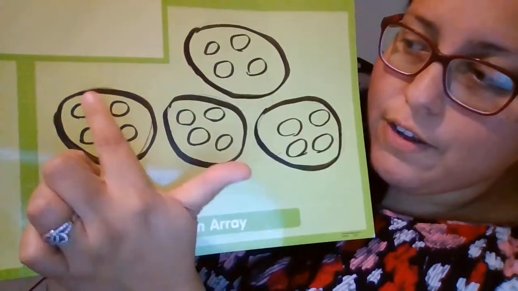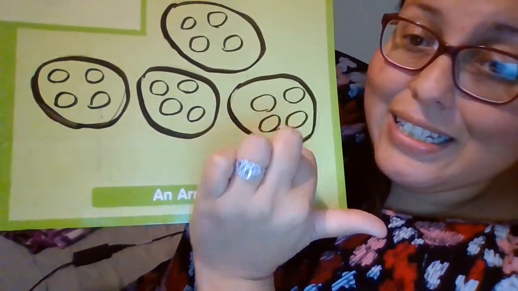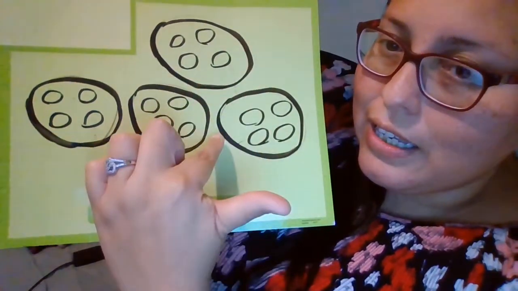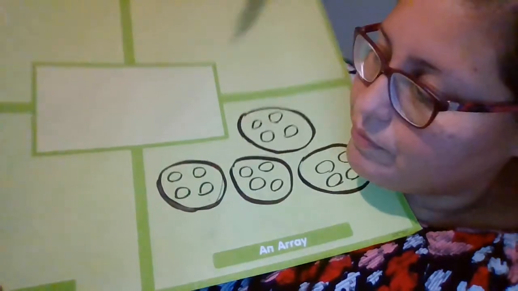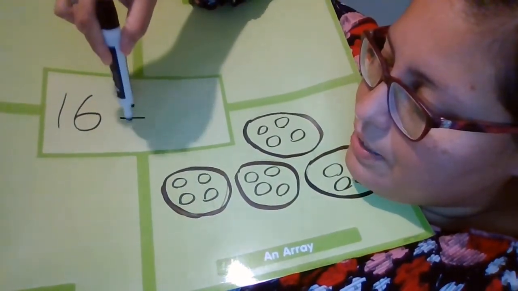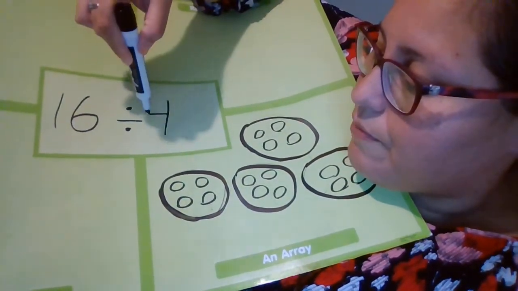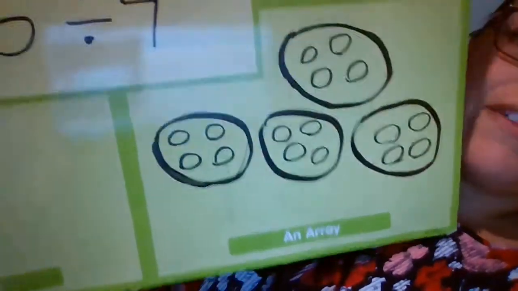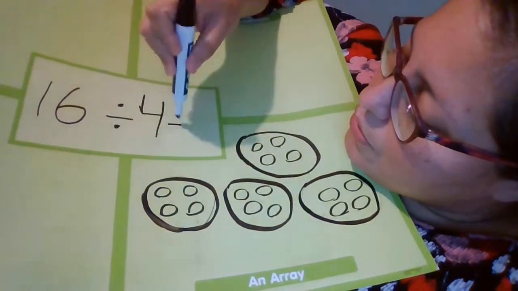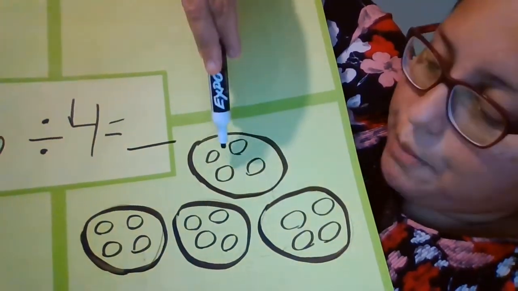1, 2, 3, 4, 5, 6, 7, 8, 9, 10, 11, 12, 13, 14, 15, 16. 16. So I could say that 16, I'm going to write it right here. 16 divided by how many vases? 4 vases. 16 divided by 4 equals, here I'm going to write how many in each circle.